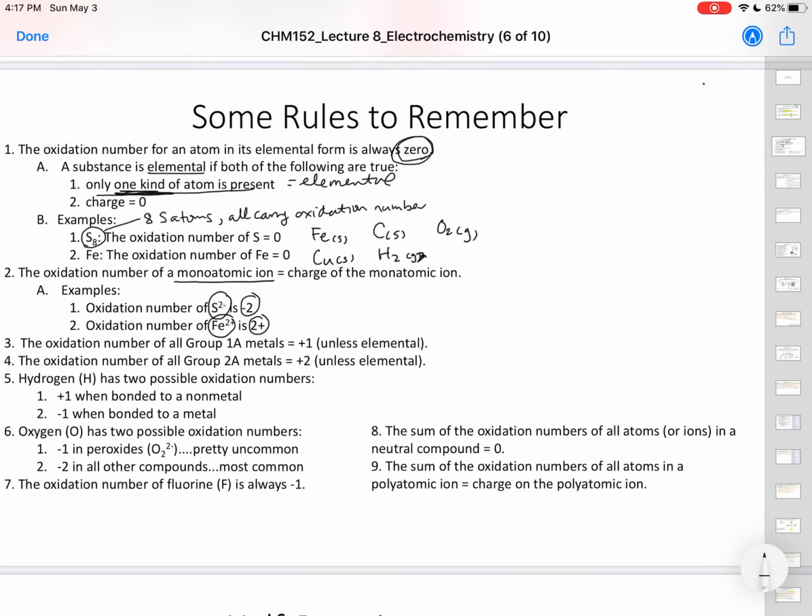That's very straightforward. If it's in the group 1 metals, i.e. what we call the alkali metals, these are things like lithium, sodium, potassium, when in a compound, they all carry charges of plus. We think about NaCl, Na is plus, Cl is minus. So because they're all plus, they should have a charge of plus when it's a compound.